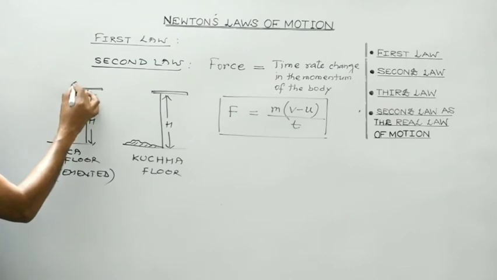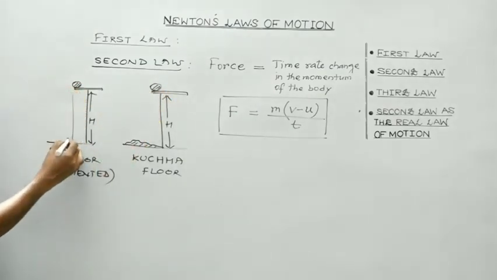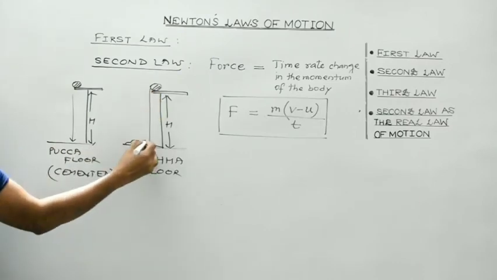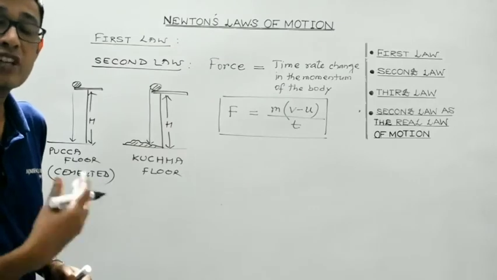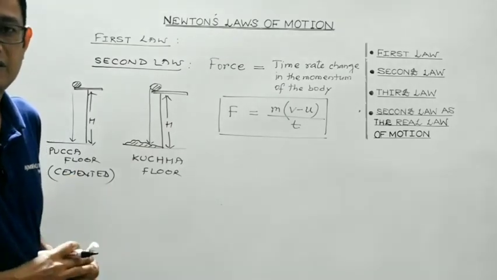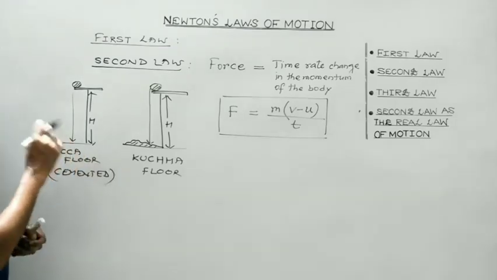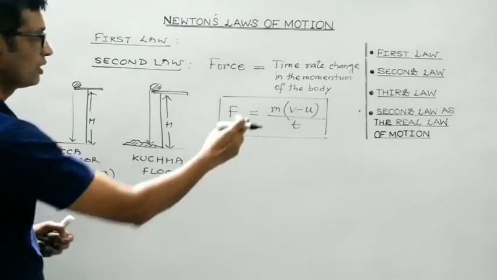A person accidentally falls from the height. In both cases, he will fall through the same distance. In which case will the person get more hurt? Obviously, in the case of the pucka floor. Why is it so? It can be easily explained using this concept.